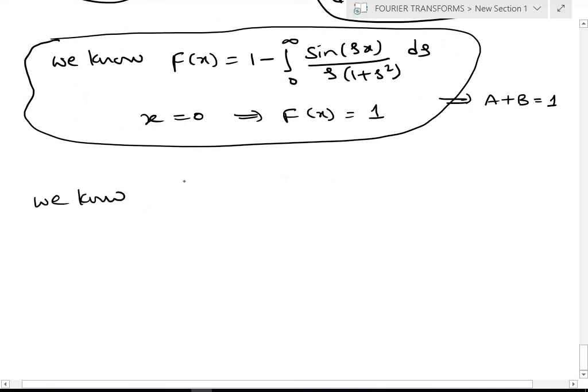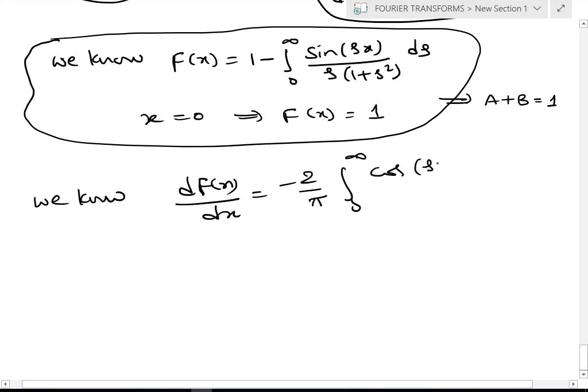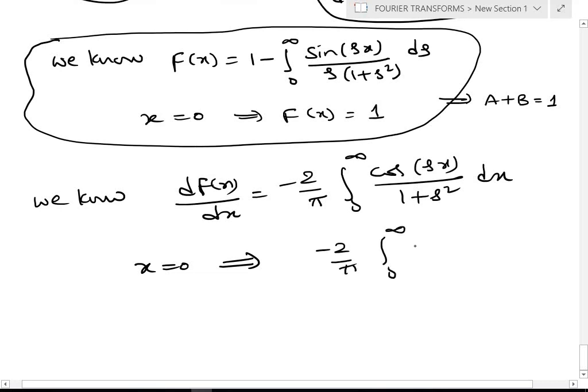Already we know another one: df/dx equals minus 2 by pi, integral 0 to infinity of cos(sx) divided by 1 plus s² ds. Then if I put x equal to 0, cos 0 becomes 1, so that is minus 2 by pi integral from 0 to infinity of 1 by 1 plus s² ds.